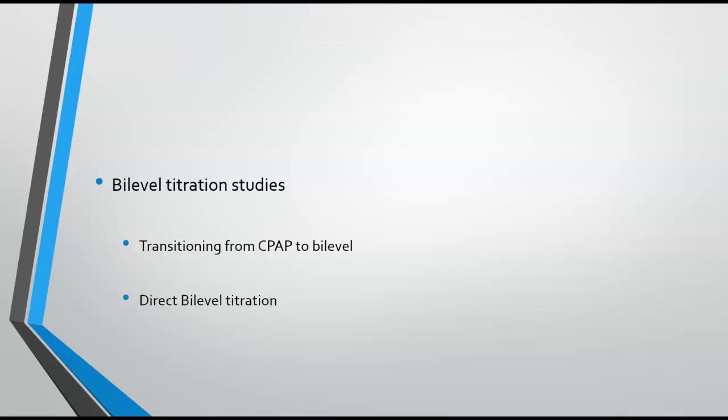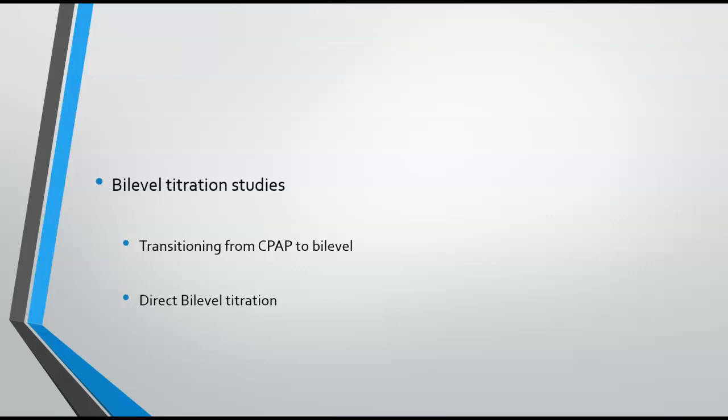If the patient has obstructive sleep apnea associated with comorbid conditions like COPD, hypercarbia, obesity hypoventilation syndrome to some extent, or the patient has a neuromuscular disorder, or suspected Cheyne-Stokes respiration or cardiac failure, something like that. So for any patients having comorbid conditions, the doctor may tell you to go with the direct bilevel titration.